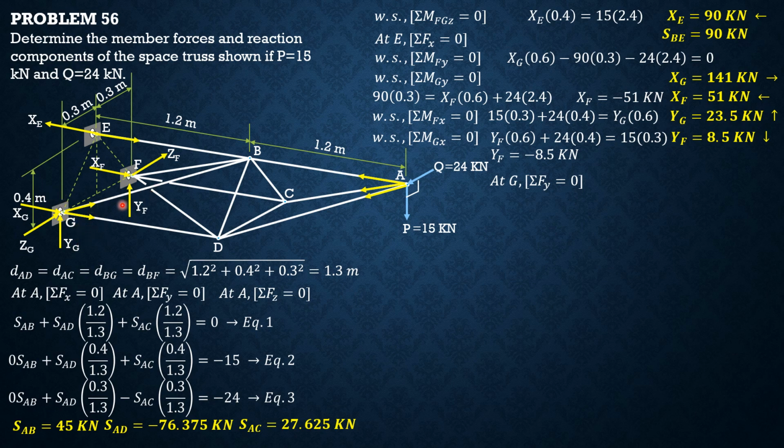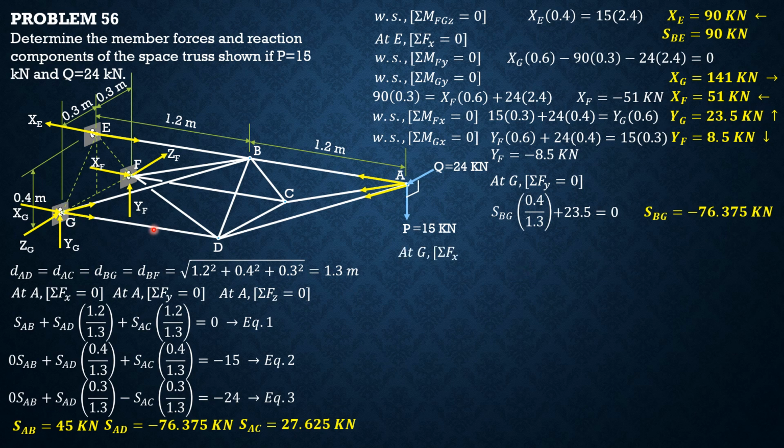YG and SBG only will be considered in the summation of forces Y because DG is horizontal. So SBG times 0.4 over 1.3 plus YG, which is 23.5, equals 0. So SBG is negative, or it is in compression, negative 76.375 kilonewtons.